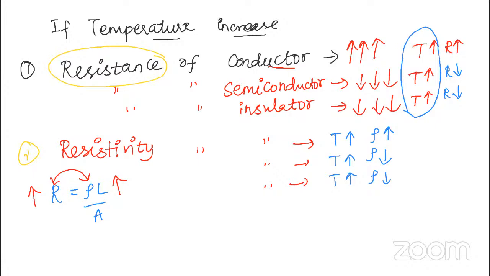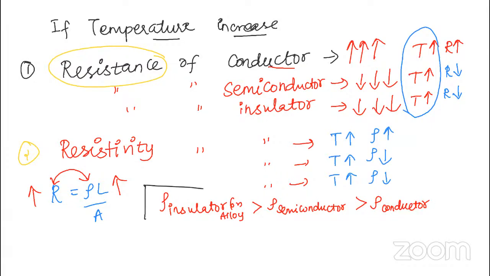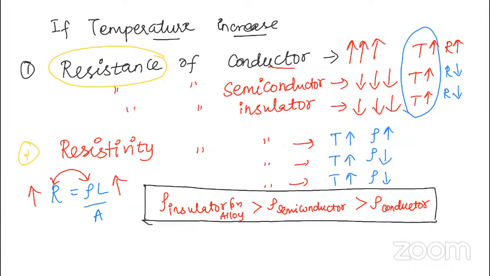From this we write one condition: rho of insulator or alloy is greater than rho of semiconductor, which is greater than rho of conductor. This is given in the 4 options, so at that time we should know how to write it.